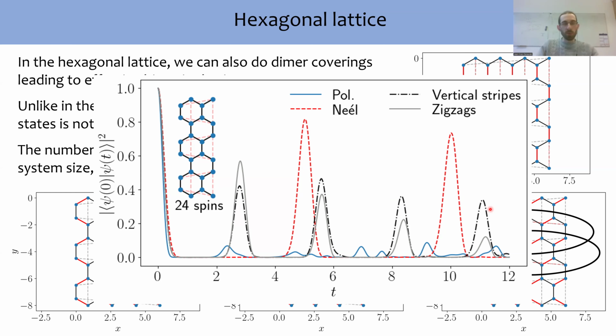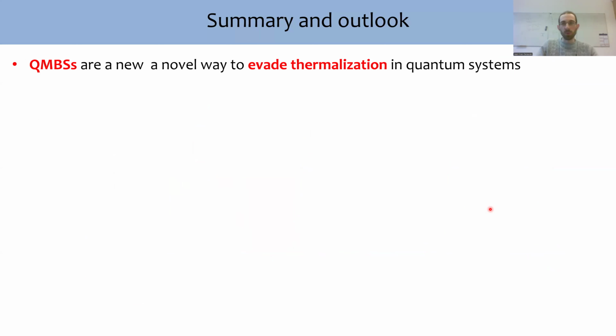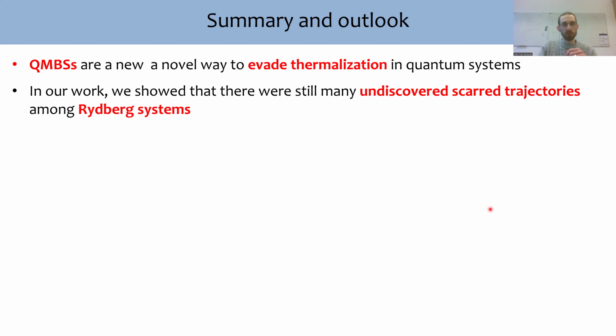And so it's already time for me to conclude. So overall, I've discussed quantum many-body scars, which are kind of a novel way to evade thermalization in quantum systems, distinct from integrability and MBL. And in our work, what we have shown is that there were still many, many undiscovered scar trajectories among Rydberg systems, whether it's chains or 2D.